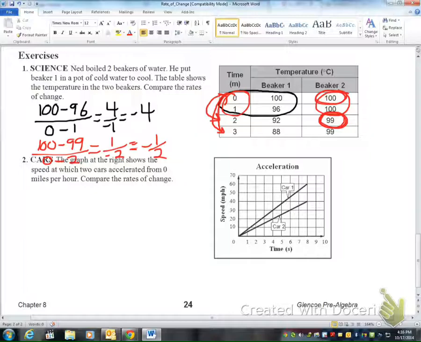Now let's look at this last example. So for the last one, we have 2 cars. They accelerate from 0 miles an hour, and we're going to look at which one accelerates faster and talk about their rates of change. So car number 1 goes from 0 to 60 in just 8 seconds.